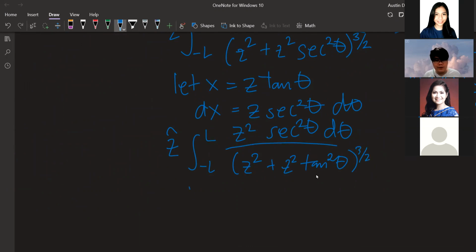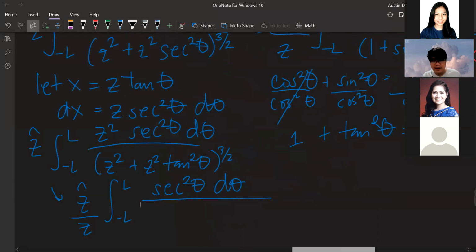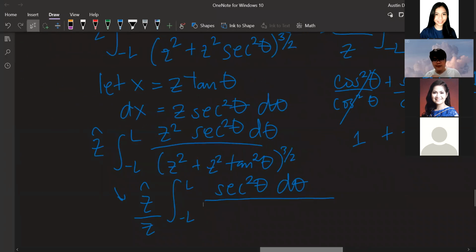So, this is 3 halves. And if we're gonna continue, z hat, negative L, z squared, magiging z cubed. Again, I have this. Then secant squared, d theta. And this is just 1 plus tangent squared, and that is just secant squared theta. But this is 3 halves.